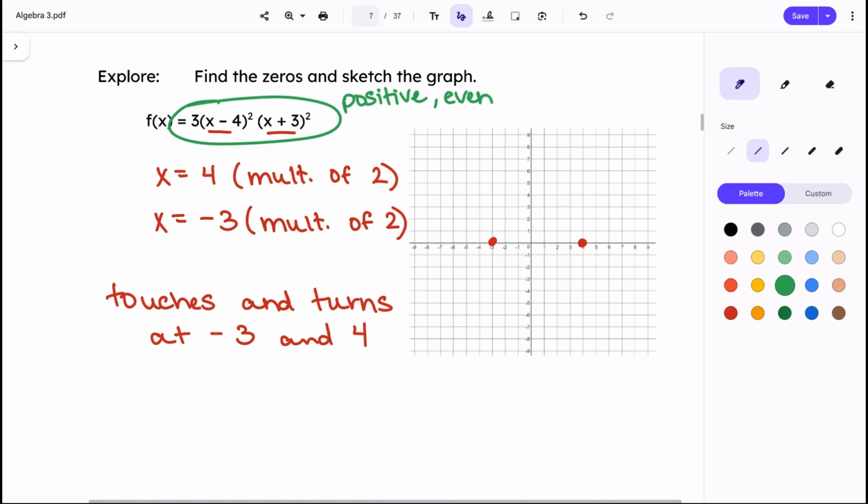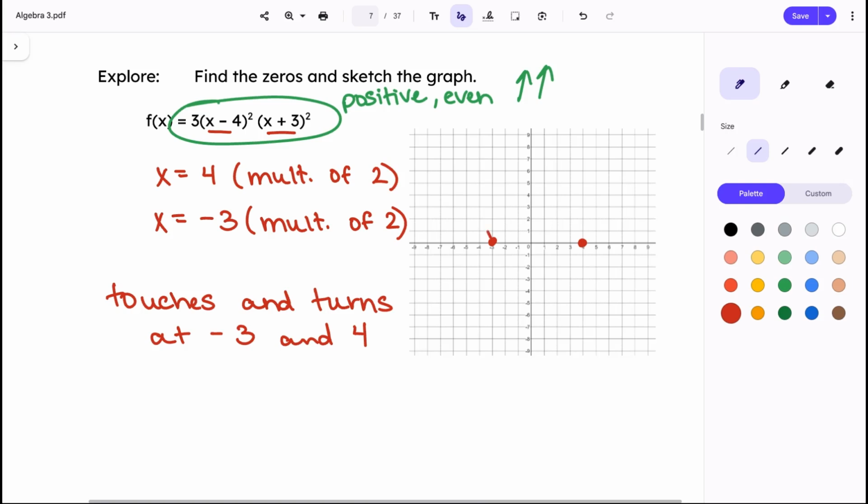Be nice, Abby. Okay, so it's positive and it's even, which means it would be facing up both times. I was thinking about the last one being 3 and 2. So they're both positive. So now when I think about what's happening here, I said that at -3 and 4, it touches and it turns. It doesn't cross. It's not going to go beneath the x-axis at those points. So it's starting up by being positive.